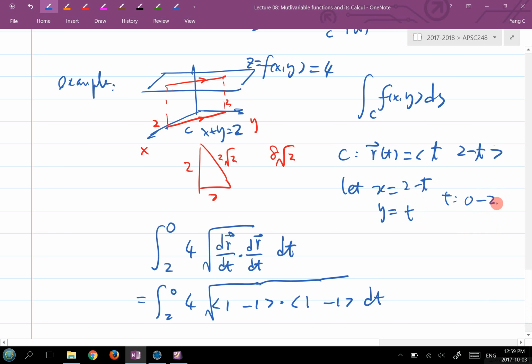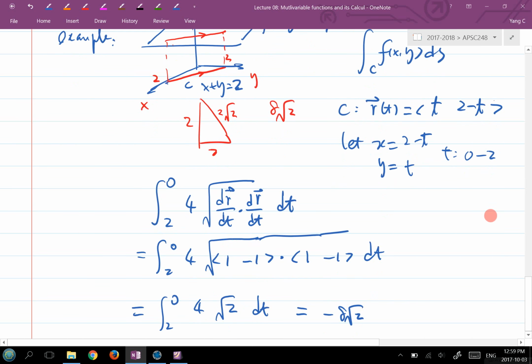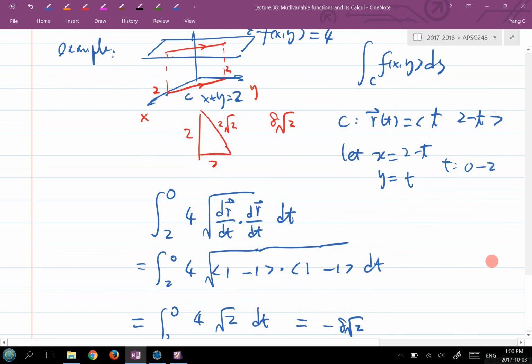So how come when I change this, I got completely different numbers? You guys think about this, okay? That's interesting.